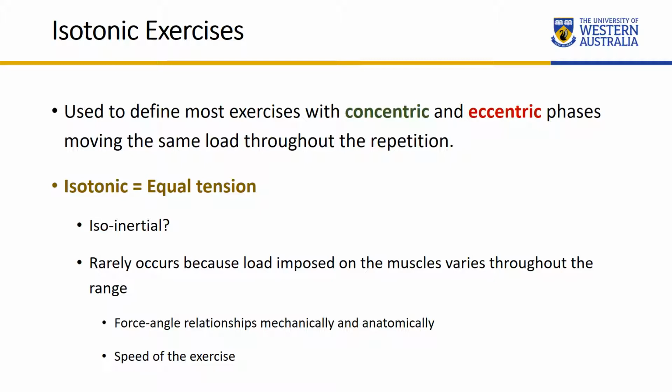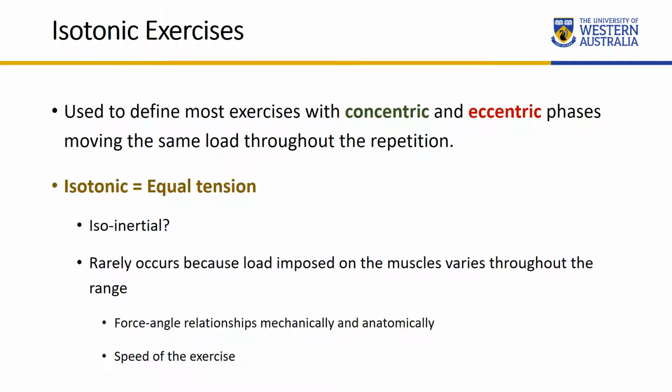So even though the weight of that 10 kilogram dumbbell remains unchanged, as you move through the full range of motion, the load that the 10 kilograms imposes on your musculoskeletal system will change throughout. When a specific weight or load is being moved, the load imposed on these muscles will vary due to change in length-tension relationship of the muscles, force-angle relationships mechanically and anatomically, and also the speed of the exercise.